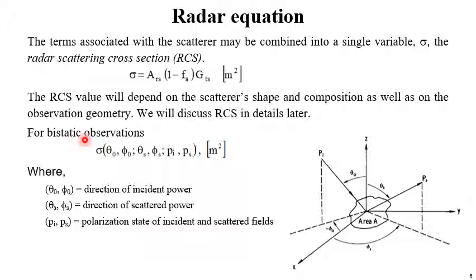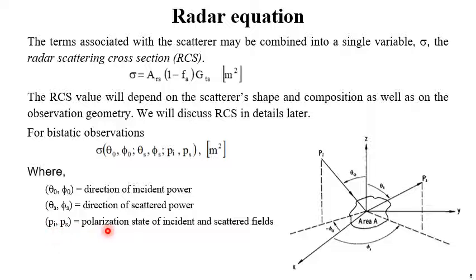For bistatic observation, sigma is a function of theta 0, phi 0, theta s, phi s, pi and ps. Theta 0 and phi 0 are the direction of incident power. Theta s and phi s are the direction of scattered power.